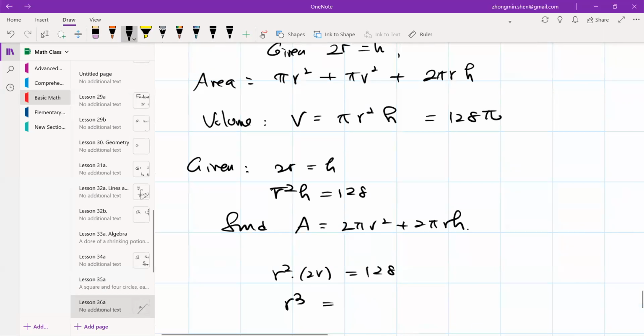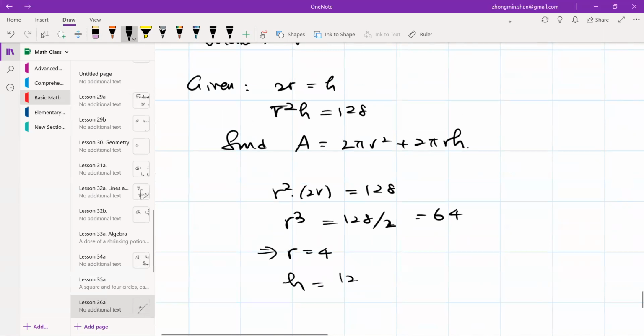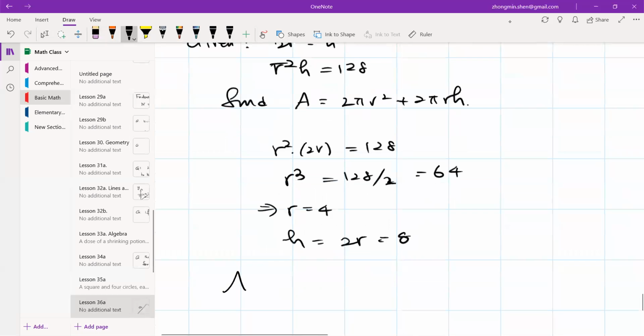So r cubed is going to be 128 divided by 2, which is 64. That implies the radius is going to be 4. Then h is going to be 2r, that's 8.